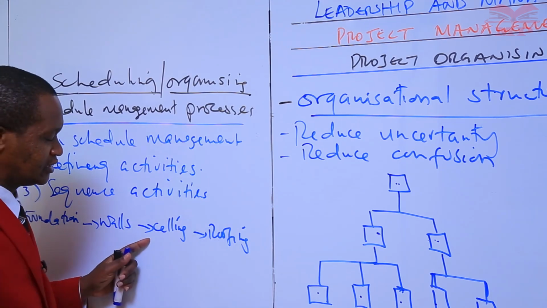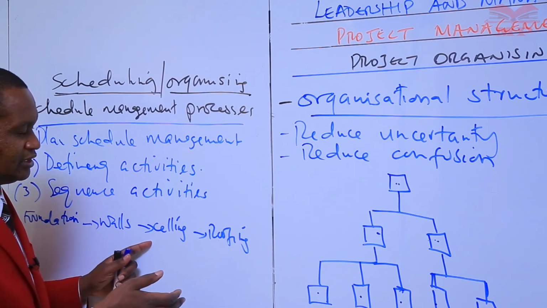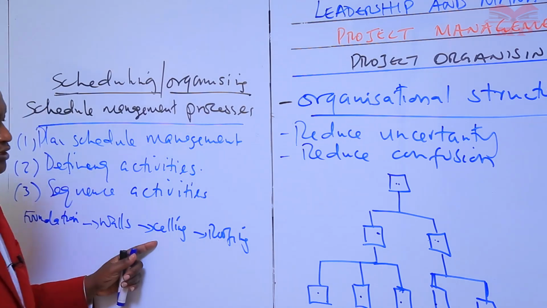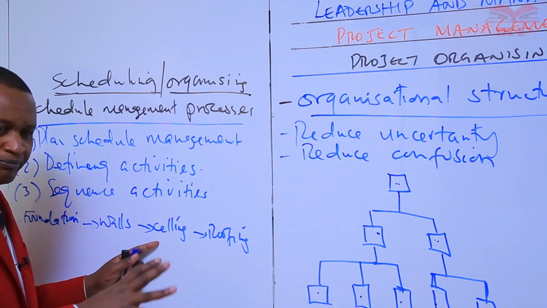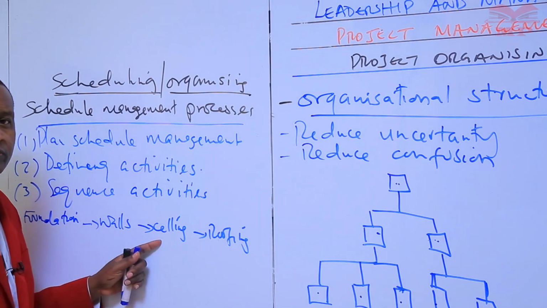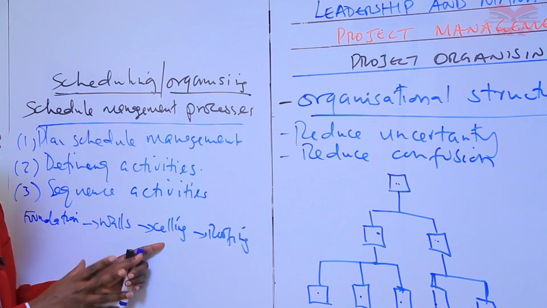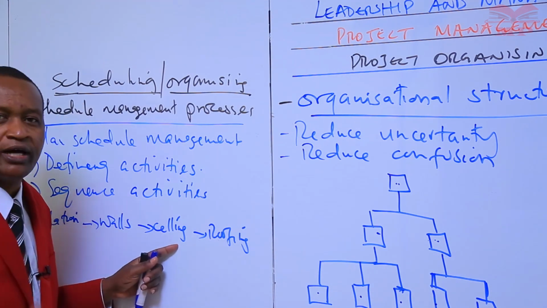There is fittings, there is plastering, painting, wiring, plumbing, if you are putting up a building. So there are many activities. This is just for the sake of understanding and illustration, okay? So you can use a project management software to do the sequencing, or you can just do it manually.